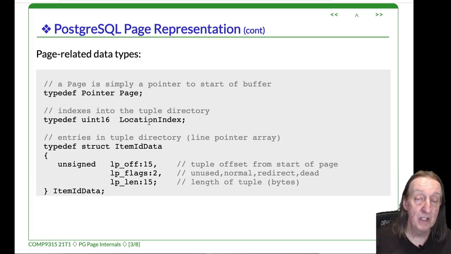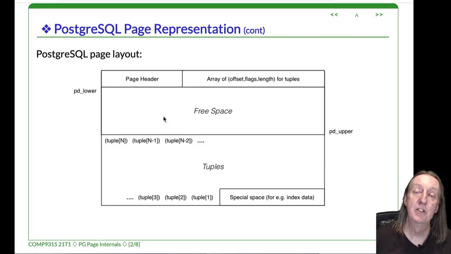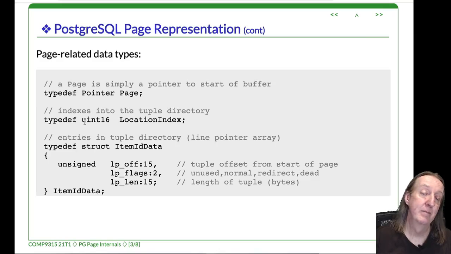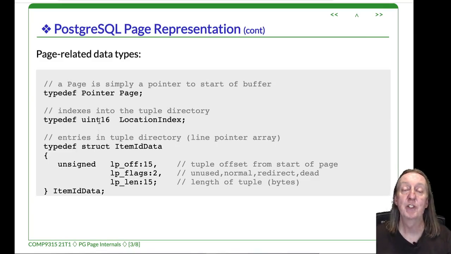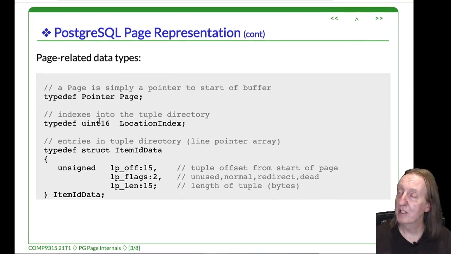Indexes into the tuple directory, so back up. This is an array of triples. So the indexes into this array are 16-bit quantities. Even that seems quite large. I don't think we ever have 16 bits worth of location index.